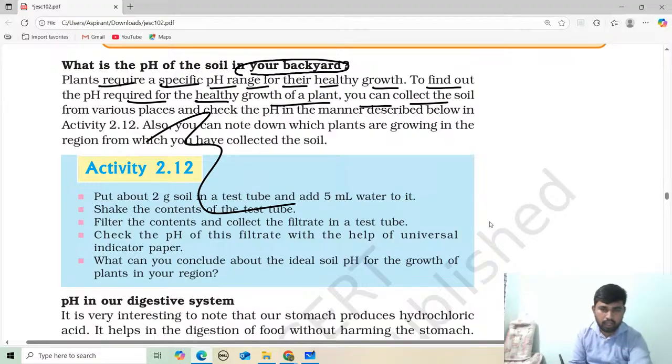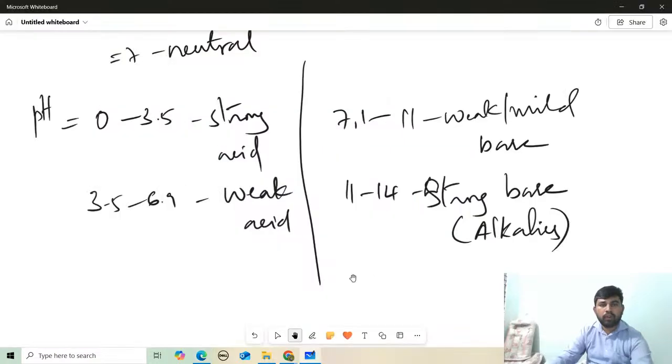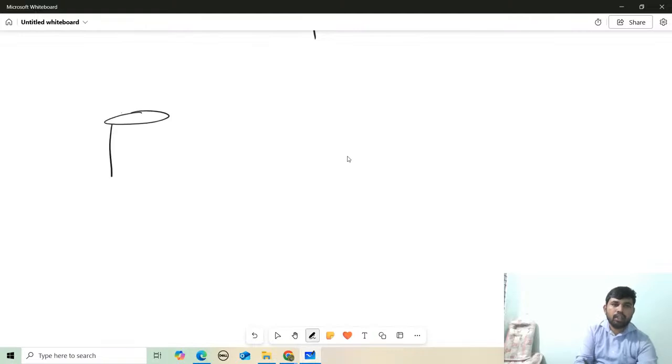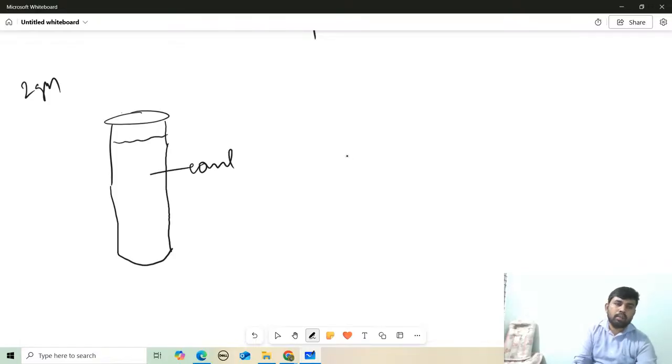Generally, let me brief it. Now see, the simple thing is what they will do. They will take a steel container and take around 2 grams of soil. We have something like a test tube, and the 2 grams of soil they have taken, and here they add around 10 ml of water to it.